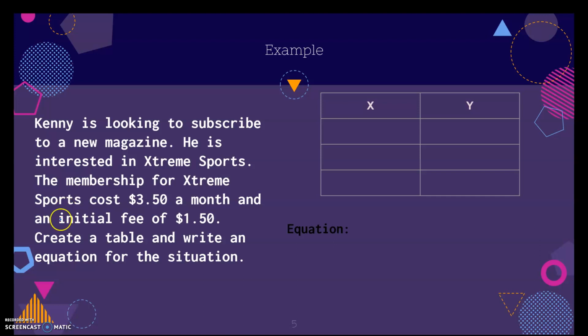Okay, so this initial fee is something that I'm going to spend one time. So this initial fee is my b. So in our equation of y equals mx plus b, okay, so y equals mx plus b, this b is my one-time b.